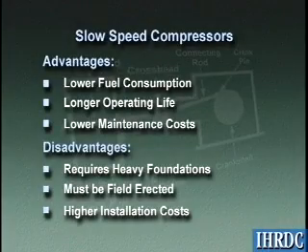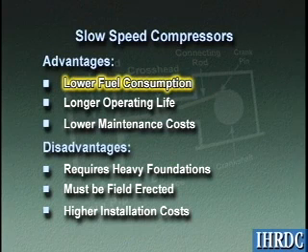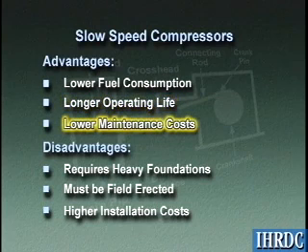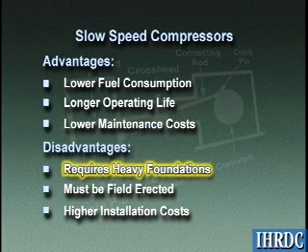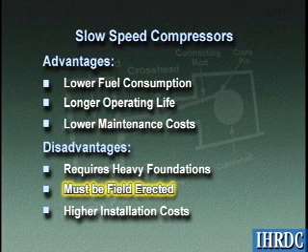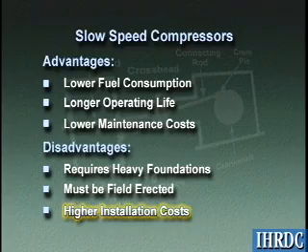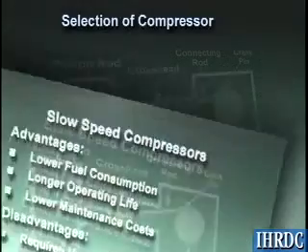On the other hand, slow-speed compressors offer lower fuel consumption, longer operating life, and lower maintenance costs. However, they require heavy foundations, must be field-erected, and usually have higher installation costs.